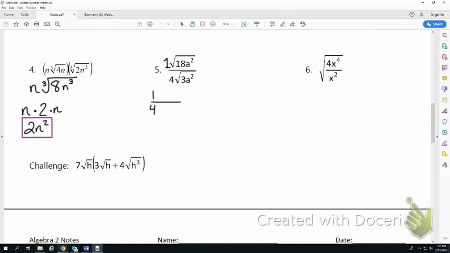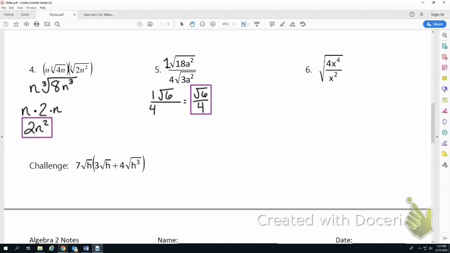What is a squared divided by a squared? 1. Cancels out. Do I put the square root of 6 in the numerator or the denominator? Numerator. Will it always go in the numerator? Yes. Okay, and then that looks kind of weird, so I'm just going to rewrite it to where it looks like a normal fraction.